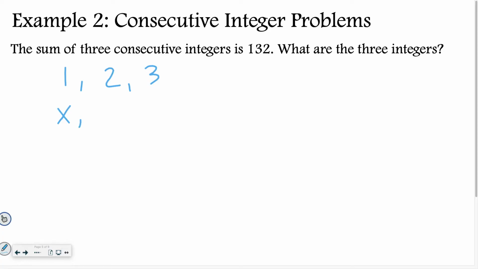Then to get to the next number, I would take that first number and I would add 1, right? That's how I would go from 1 to 2. How would I go from 1 to 3? I would take that original number and I would add, not 3, sorry. I would add 2, right? 1 plus 2 would give me 3.